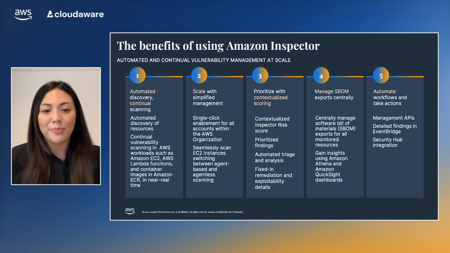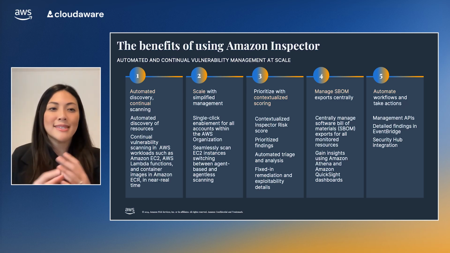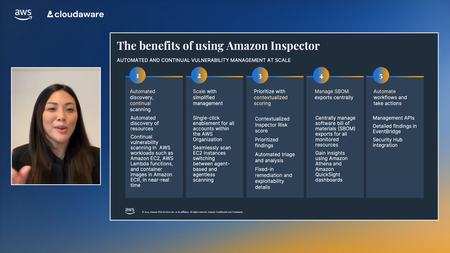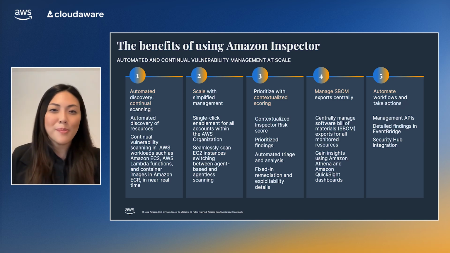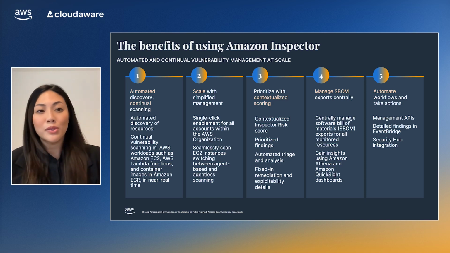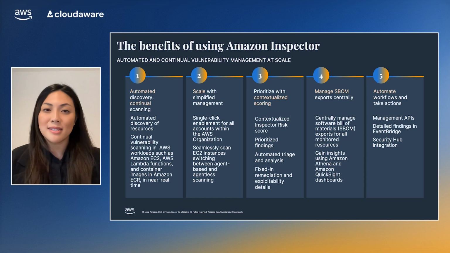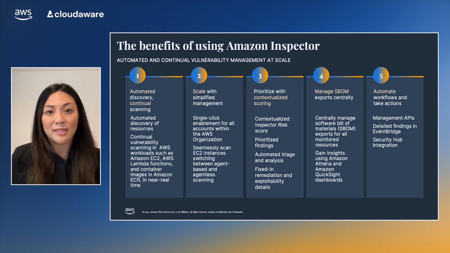Yeah, absolutely. And I wanted to drive home something that Mikhail mentioned earlier, and that really is around that scale with simplified management that you get with Amazon Inspector. Mikhail touched on this a little bit earlier, whereby with Amazon Inspector, you are able to seamlessly scan EC2 instances, both with agent-based scanning as well as agentless scanning.